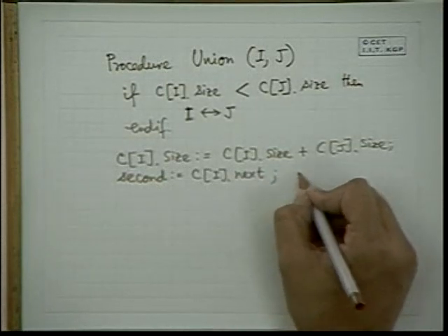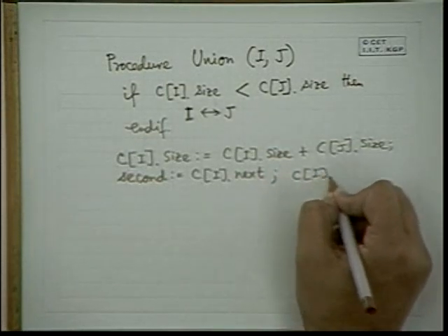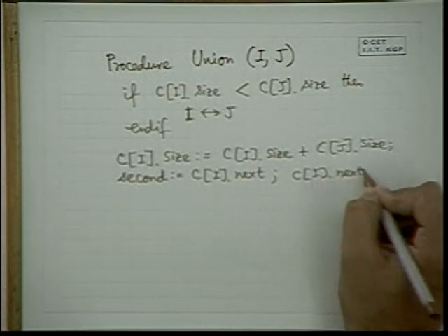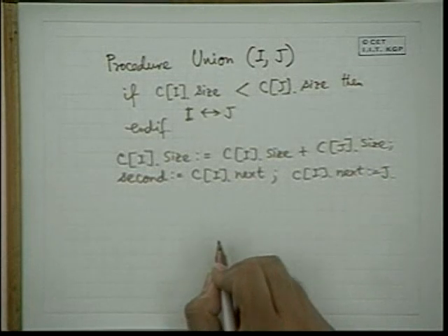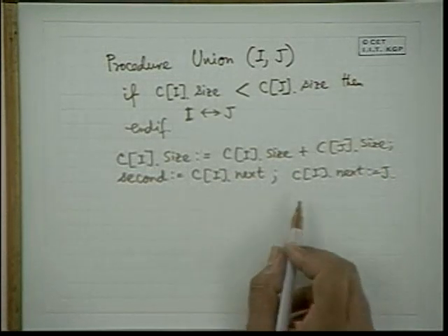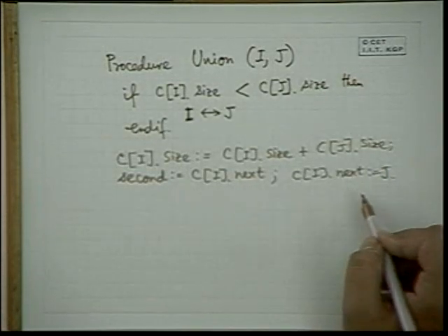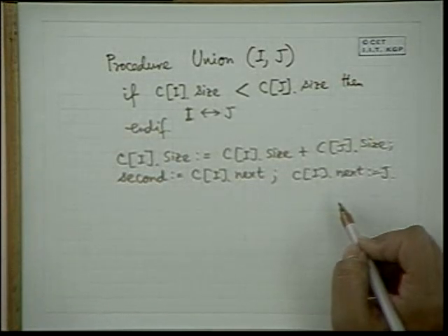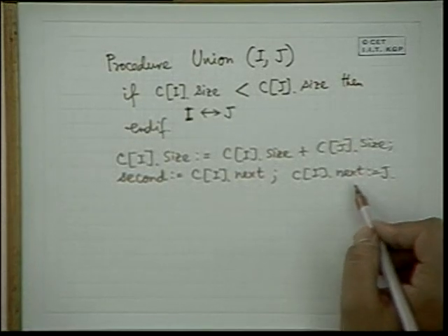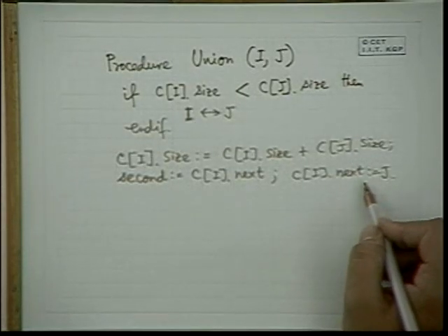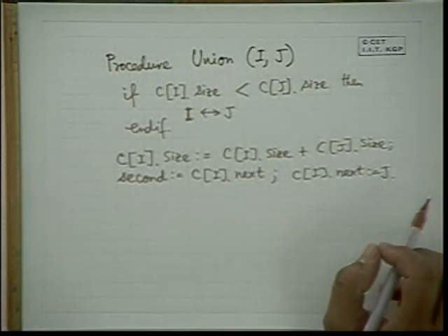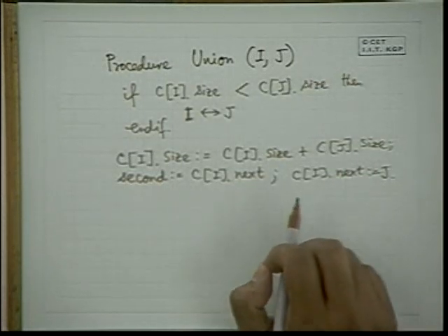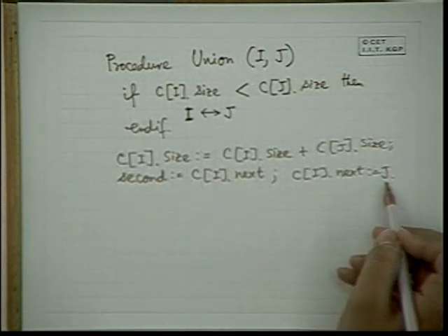Okay, and now Ci dot next is set to the index j. So j is the index for the representative element for the set j. So Ci dot next is set to that one. So Ci dot next now starts from its own element to the list which is representing the j.